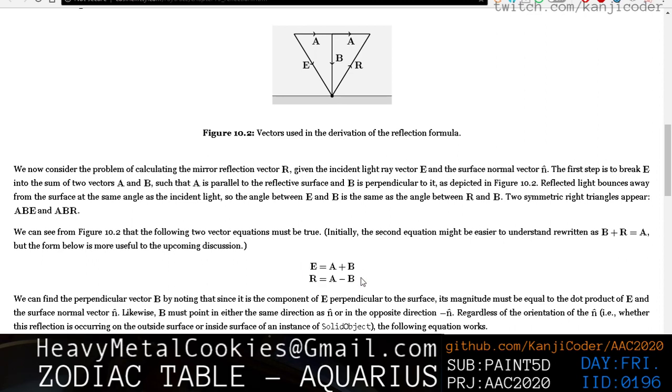I could see B plus A is what I'm assuming R would be. I don't understand the subtraction here. I get this A plus B, right?